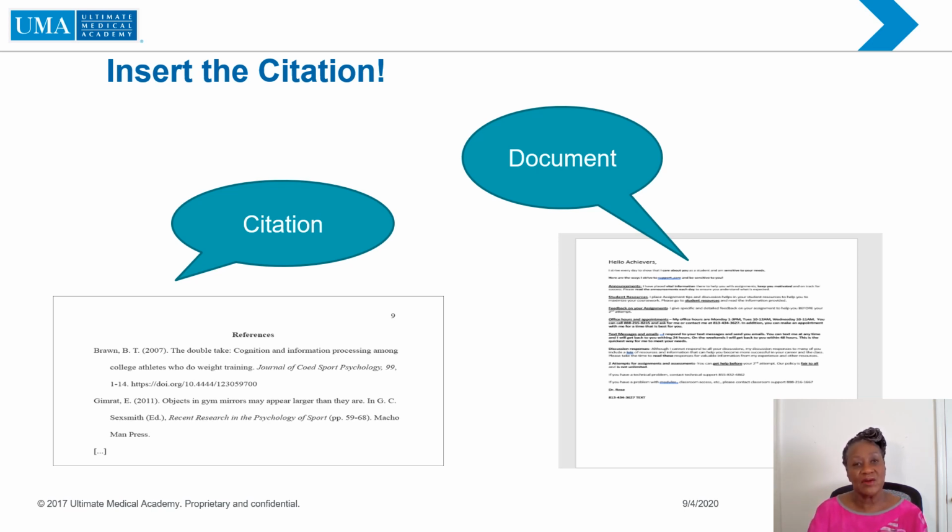So let's go back over how we insert the citation again. Using the APA citation generator, you're going to copy and paste the information that's already set up structurally the way that is required. You're just going to copy and paste that information into your document.